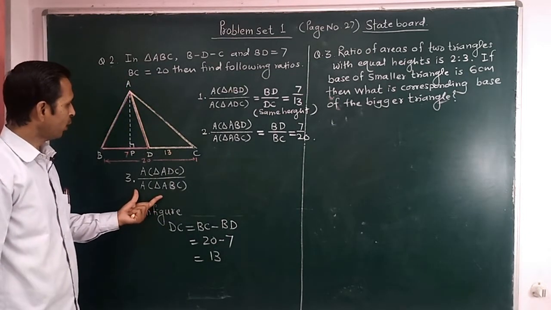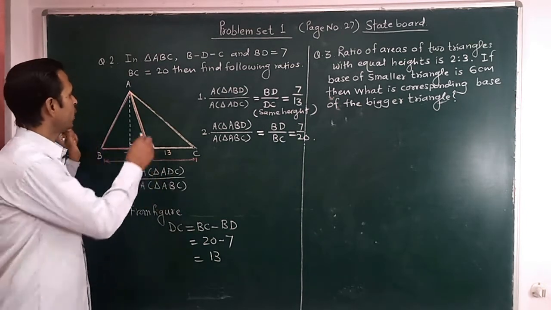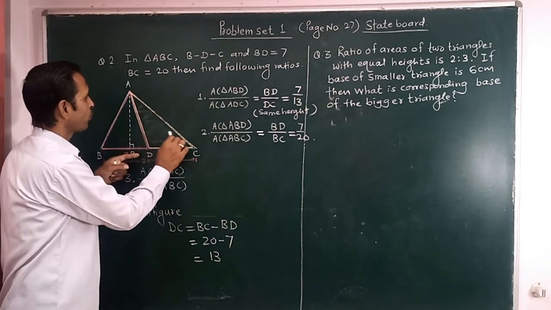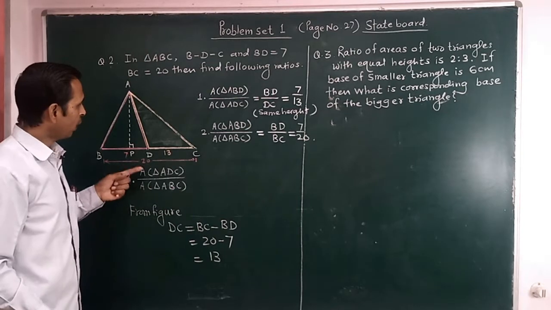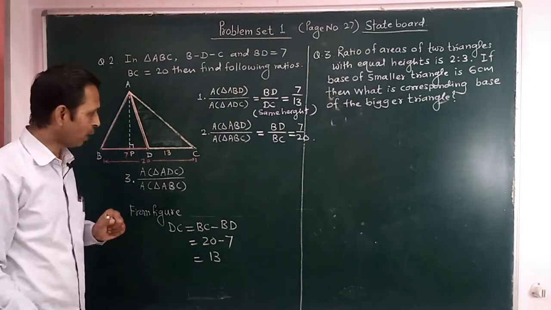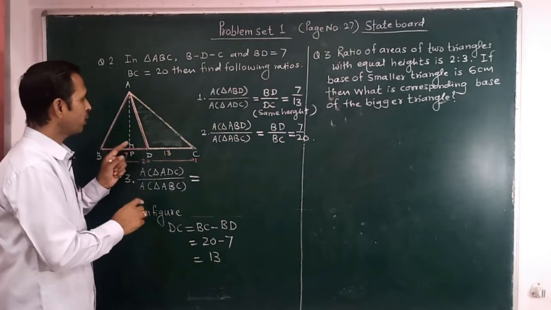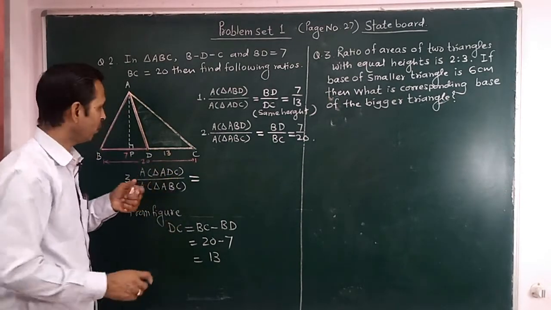Now see this third ratio, the area of triangle ADC. Area of triangle ADC means this triangle ADC, and the other triangle is ABC. Again these two triangles have the same height, and that's why the areas of these two triangles are proportional to their corresponding bases.